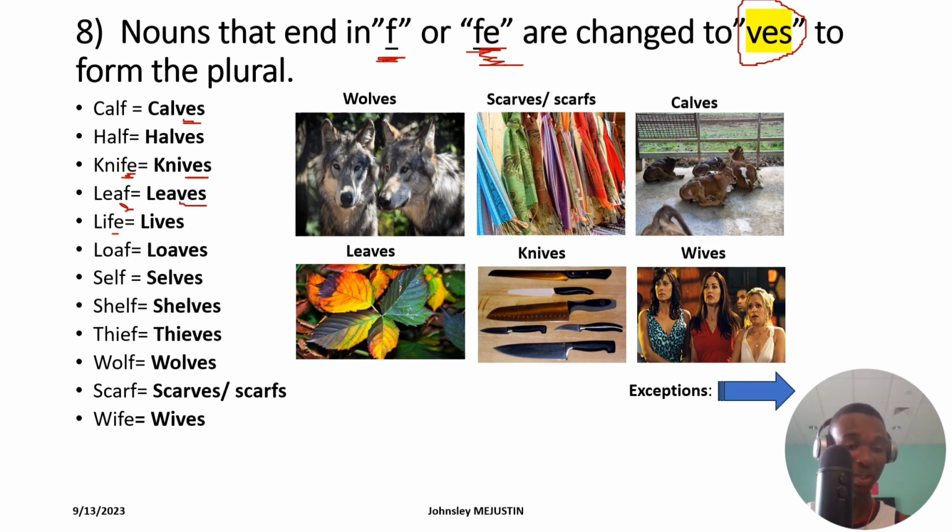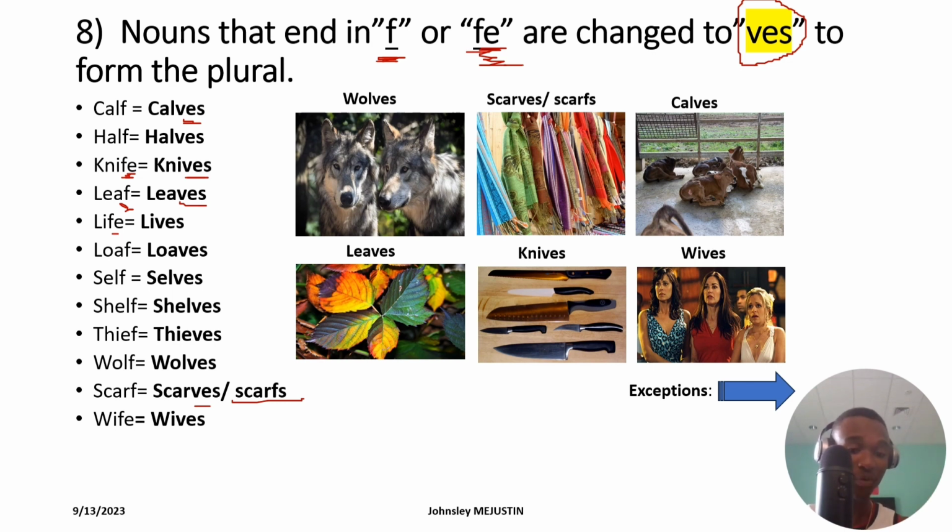Self becomes selves. Shelf becomes shelves. Thief turns out to be thieves. Wolf turns out to be wolves. Scarf can be either scarves or scarfs. You can say scarves or scarfs for the plural of scarf.